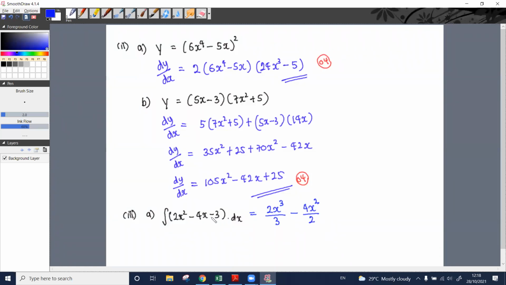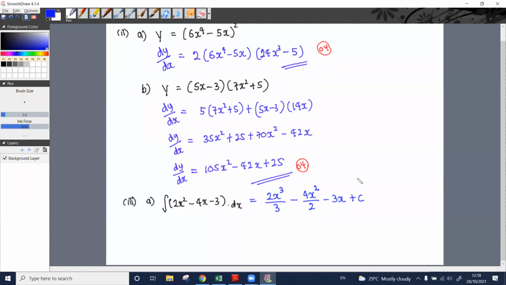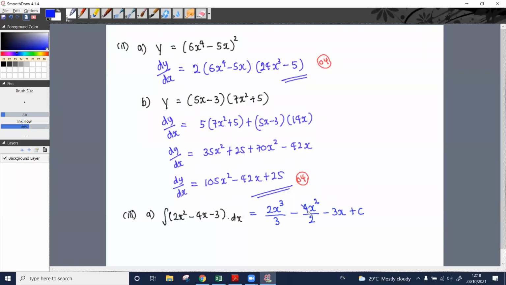When we integrate a constant, it needs to be multiplied by the variable. Here it is x. So it becomes minus 3x. And for the constant of integration, plus c. So 4 to 2 we can cancel.